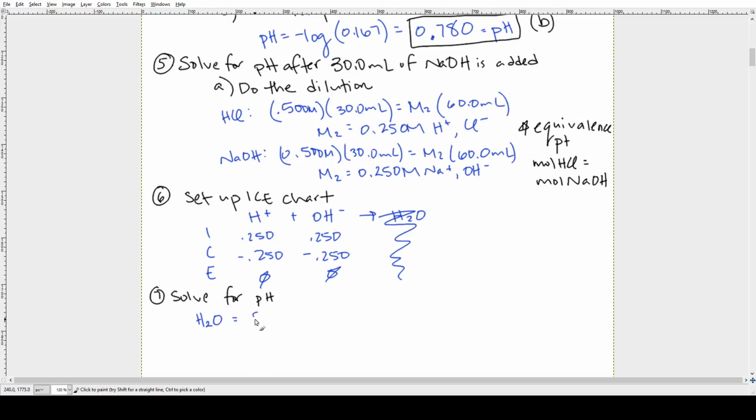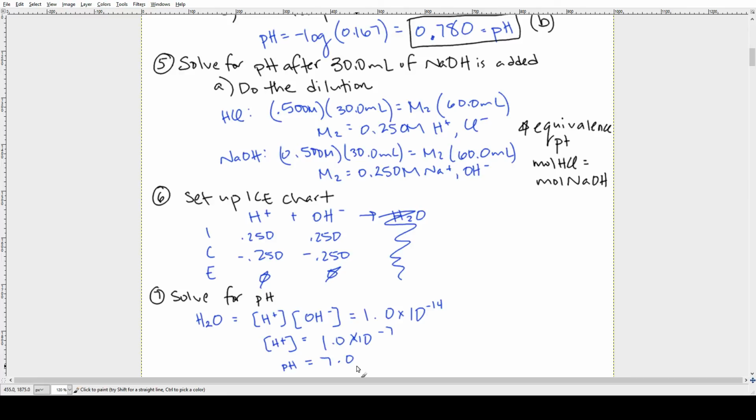So we'll have this at 25 degrees C, we know that. So you can figure out, okay, well then we have a concentration of hydrogen ions equal to 1.0 times 10 to the negative 7, which will give us a pH equal to 7.